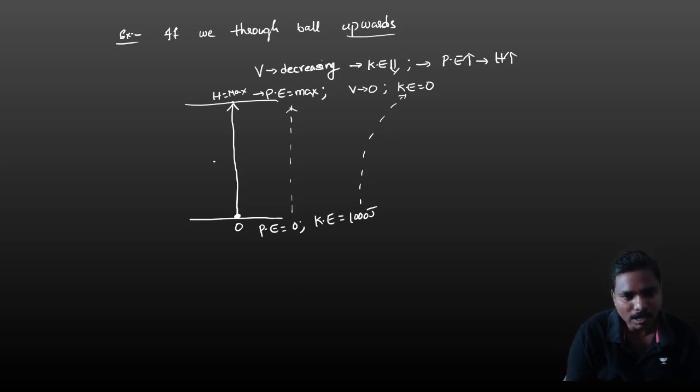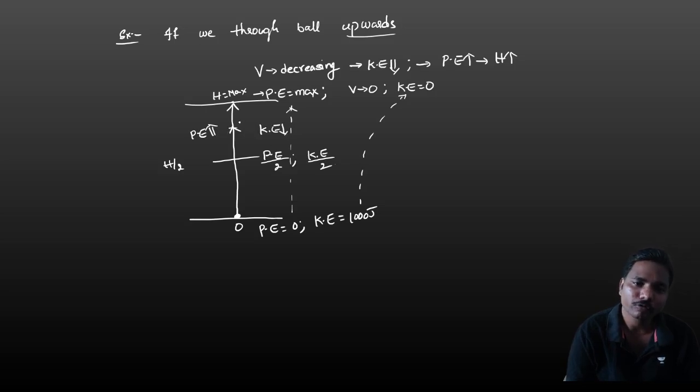At half of the height, potential energy is going to be half and kinetic energy is also going to be half. Above this, height is more, which means potential energy more, kinetic energy less.